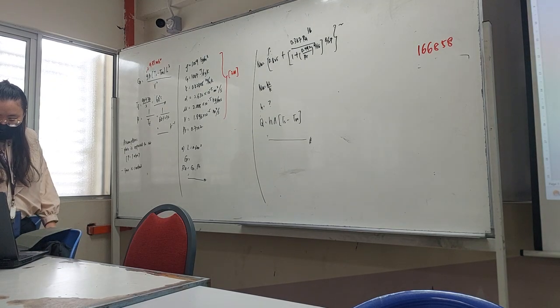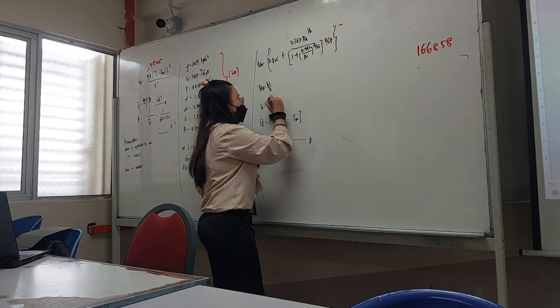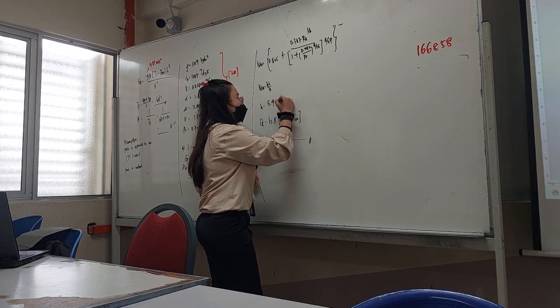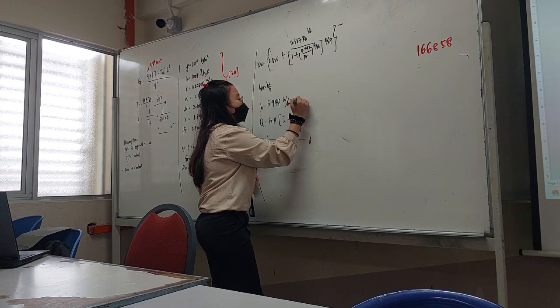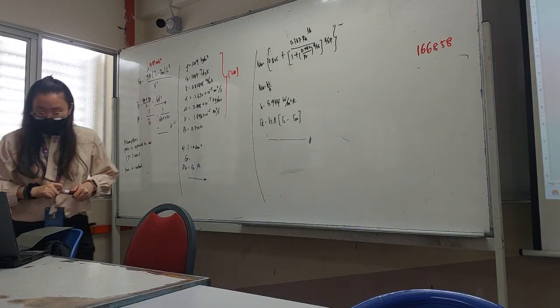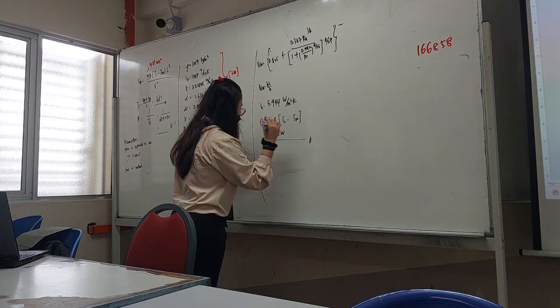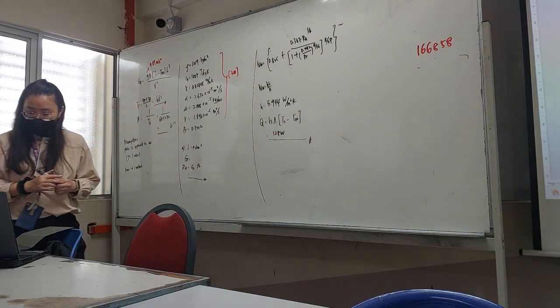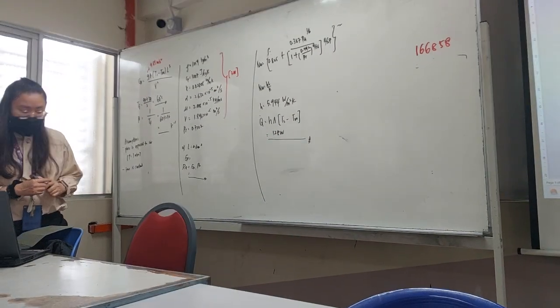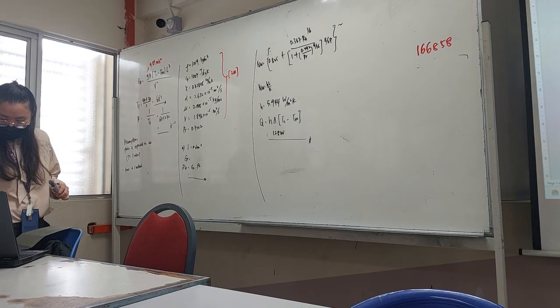The h value you get is 5.944. The Q value you get is 128 watt. Oh, sorry, 115.